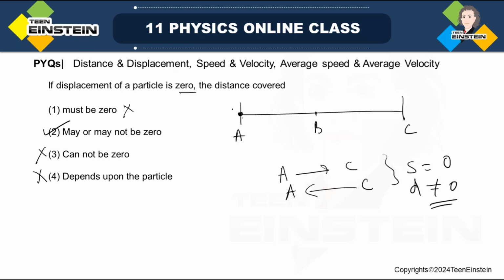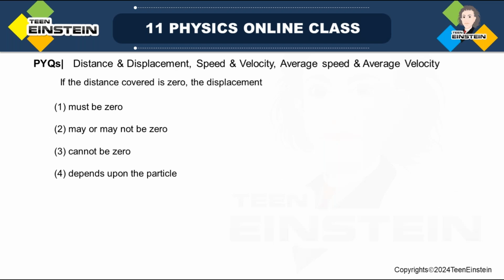All right, we'll go to the next problem. This is also an analytical question. This is just exactly the opposite question to the previous one. If the distance covered is 0, the displacement must be 0. Okay, it must be 0.